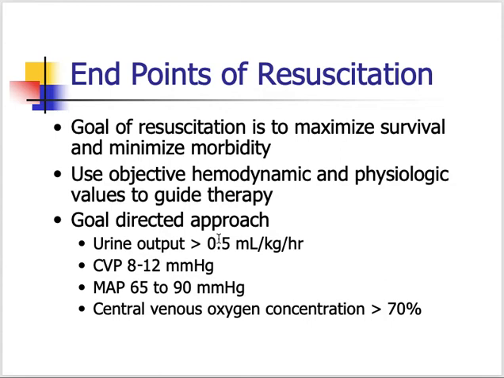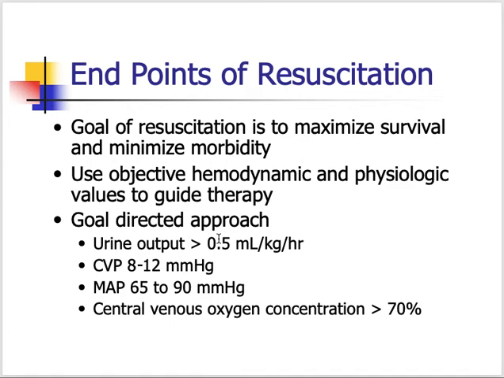And also we keep on checking other things. For example, we can check the base deficit, the lactate levels, the VBGs, and we have to bring those back to normal as well.